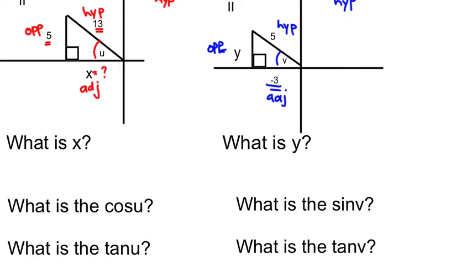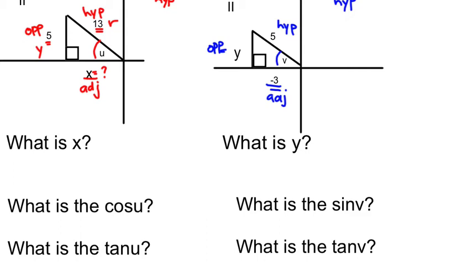So to find the other trig functions of these angles, I want to find that missing third side. So we're going to use the Pythagorean Theorem, a squared plus b squared equals c squared. So let's find the red x. Here's my y, here's my r, and then here's my x. I want to find x.